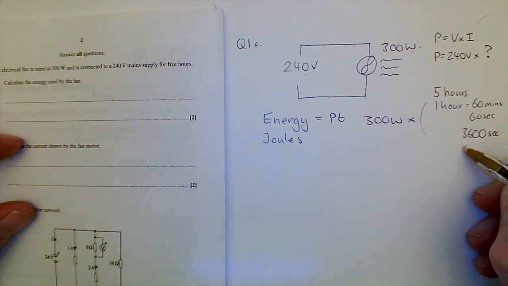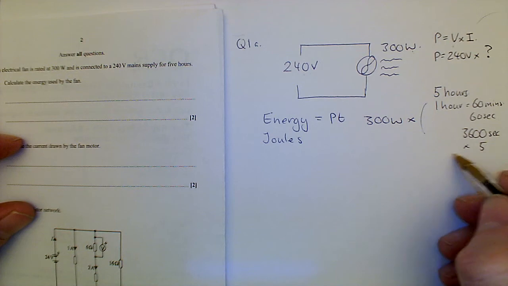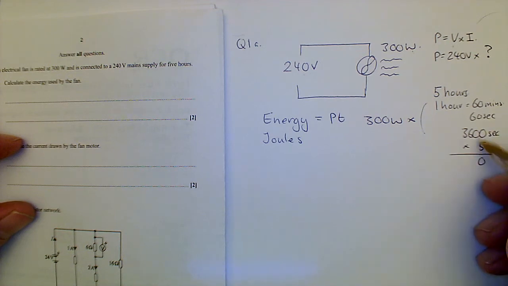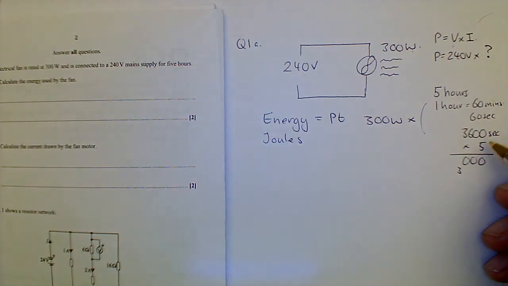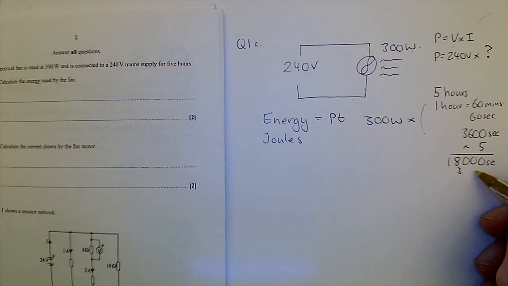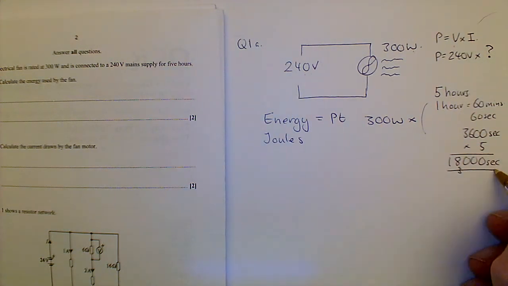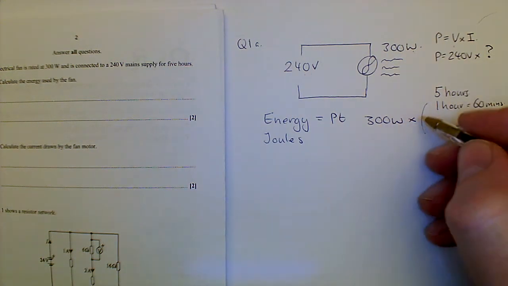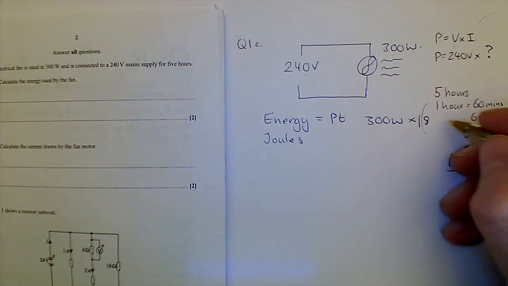We've got 5 of those. 6 5s are 30, carry the 3. 3 5s are 15, 16, 17. We've got 18,000 seconds. So we've got 300 watts, 18,000 times.